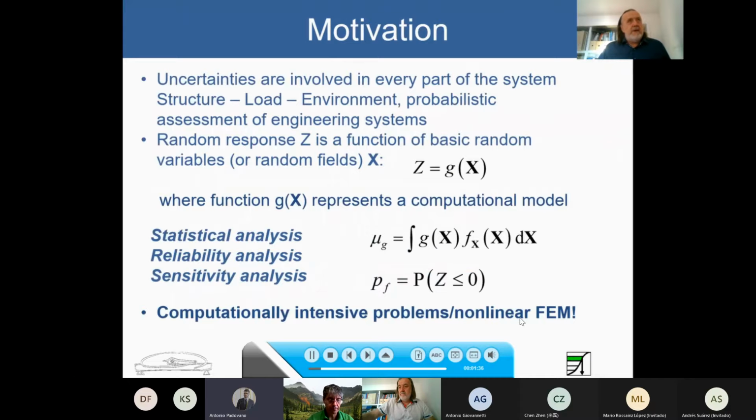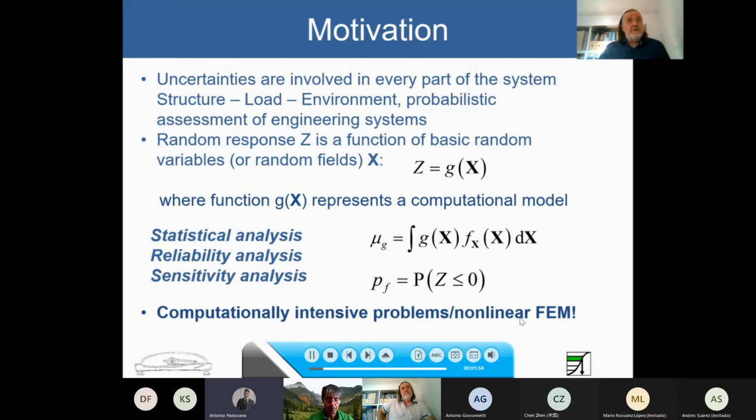So, motivation for the work. Uncertainties are generally involved in every part of the system, structural load, environment, and we have to consider these uncertainties for probabilistic assessment of engineering systems.